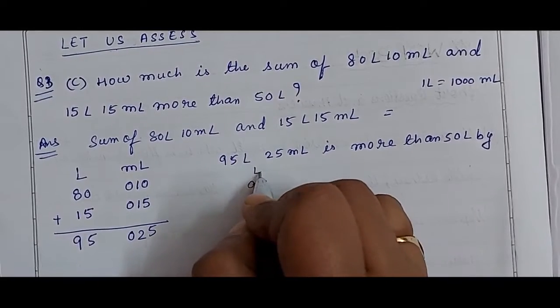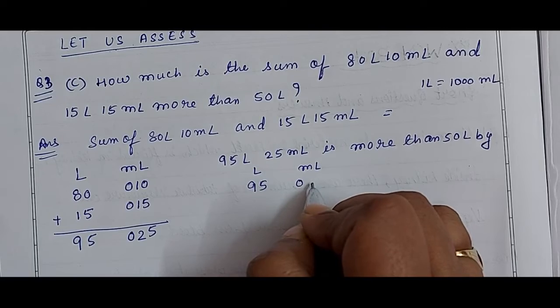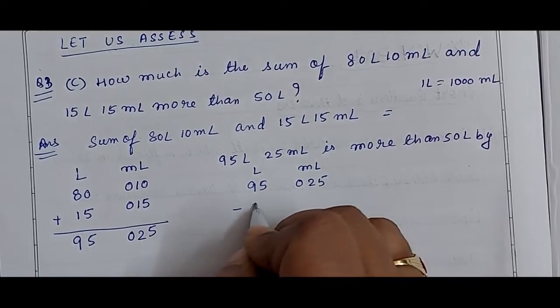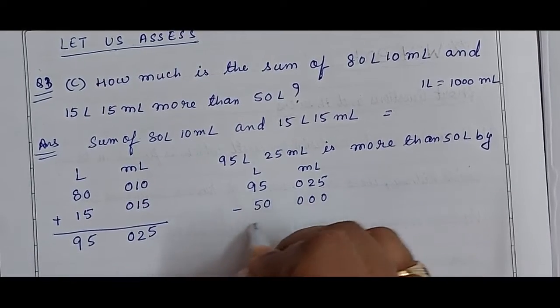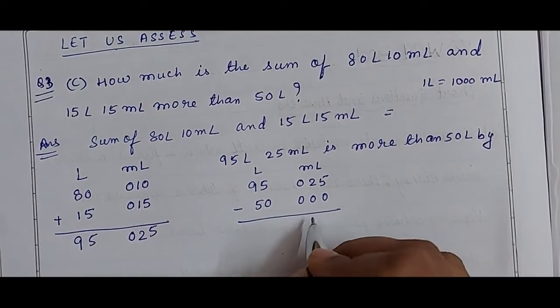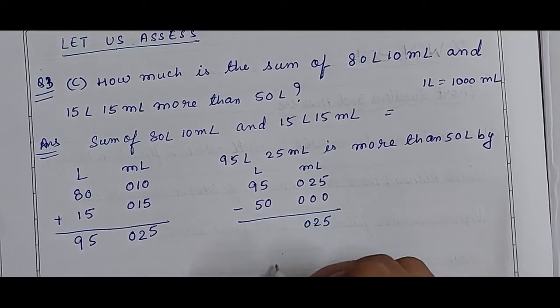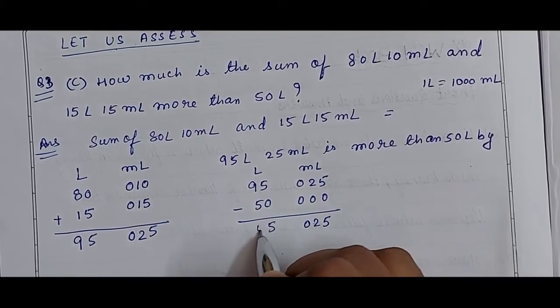95, this is liter, this is milliliter, minus 50 liters. What we got in milliliters place, you got 25 here, and here what you have got? 45.